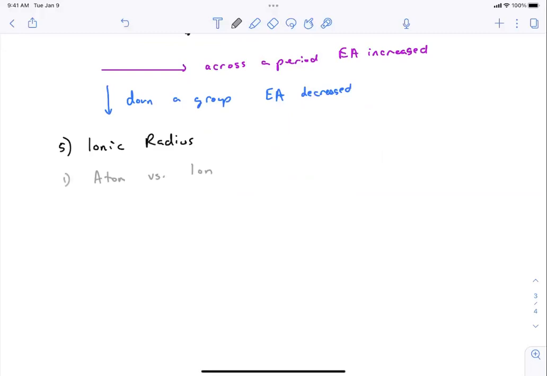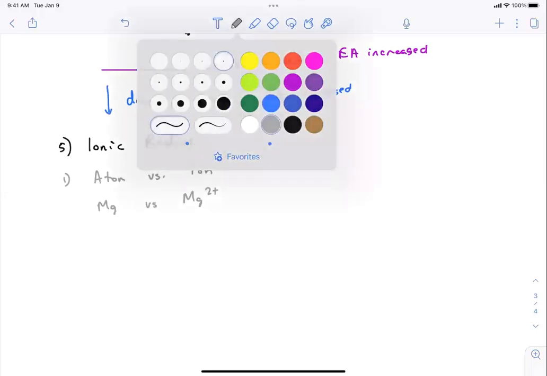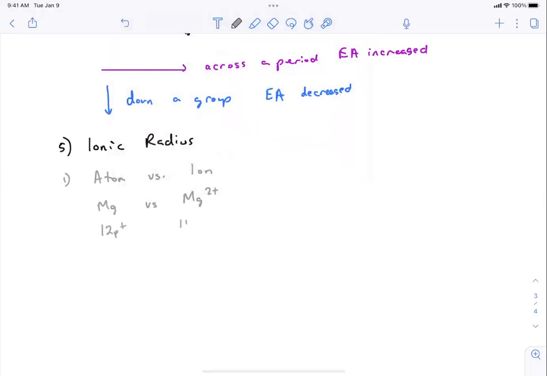So the first thing you might do is ask you to compare, for example, magnesium versus Mg2+. So Mg versus Mg2+. Now, when you're trying to explain this, I look at the protons and the electrons. Mg and Mg2+ both have 12 protons, but Mg has 12 electrons and Mg2+ has 10 electrons.